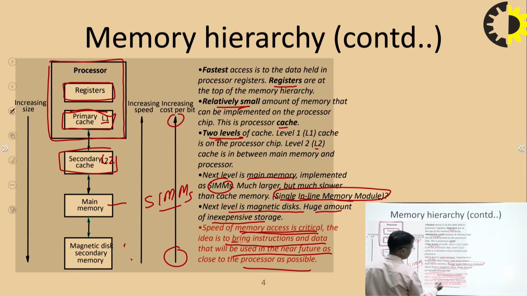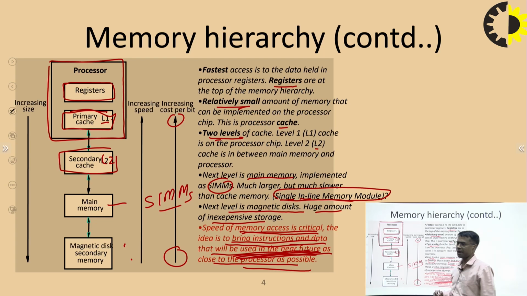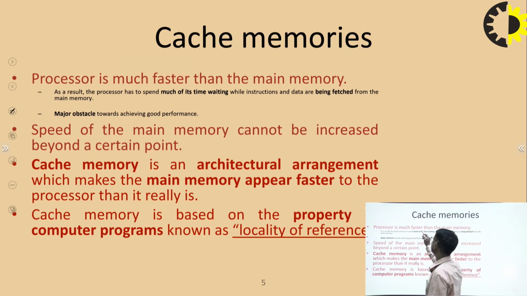We will bring those instructions and data that are predicted to be used later as near to the processor as possible, that is the primary cache, and we can also have some registers to hold the pipeline of instructions or data.